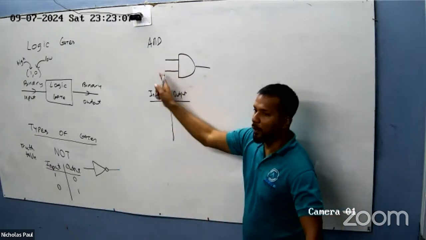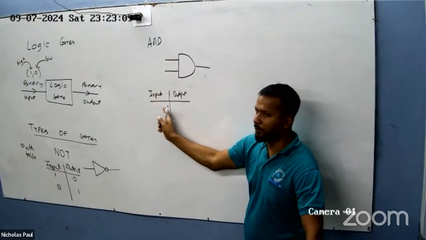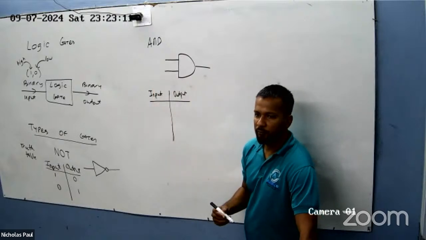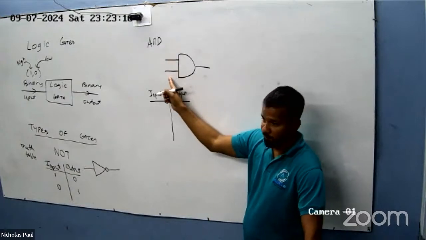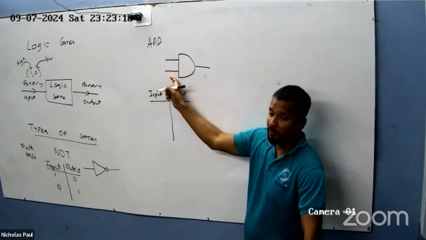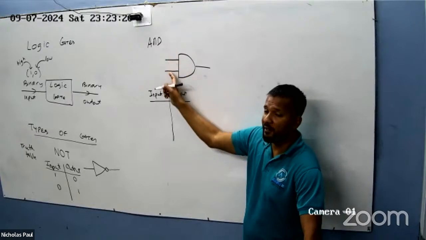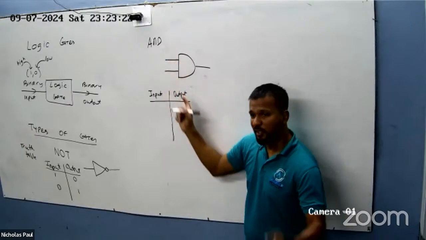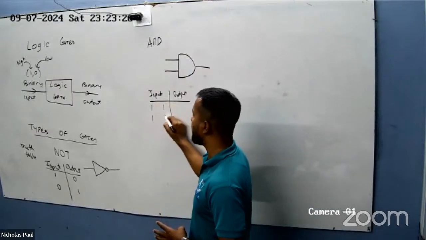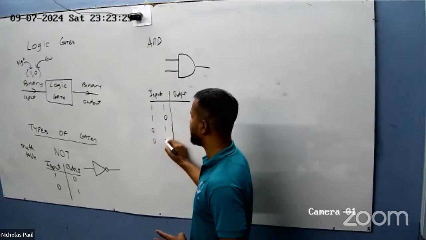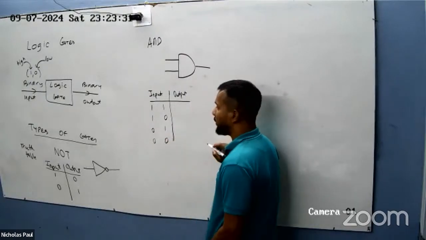Since we have two inputs, what could be a possible input? 0 here and 0 here, or what? 0 here and 1, or 1 here and a 1 and 1. We have four possible inputs. You could have 1 and 1, 1 and 0, 0 and 1, 0 and 0. Those are your possible inputs.